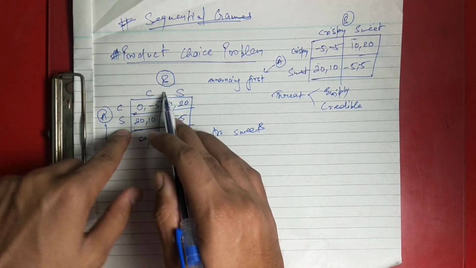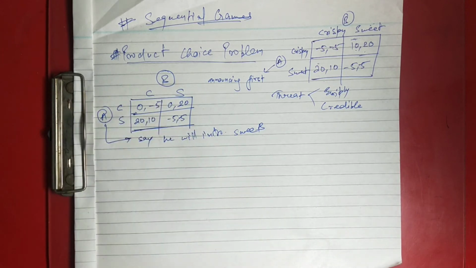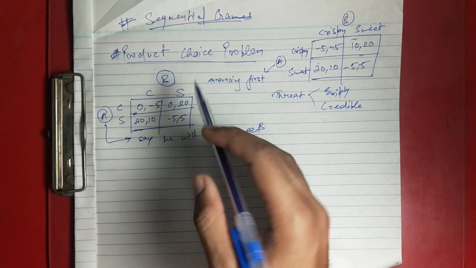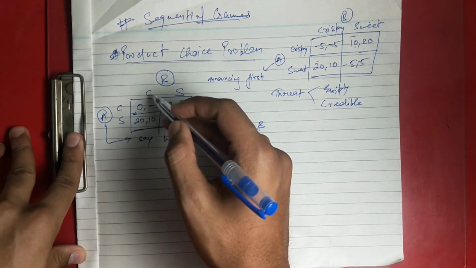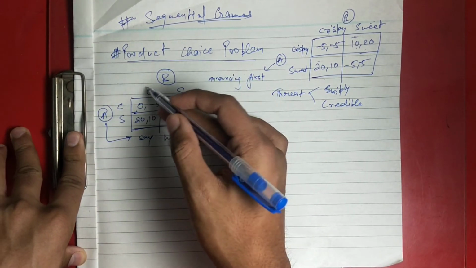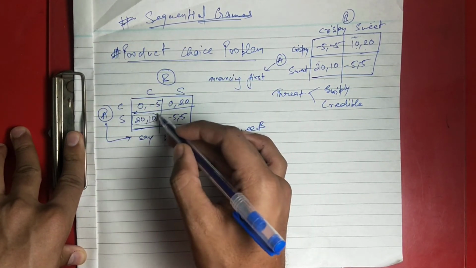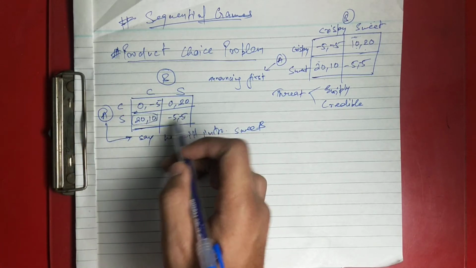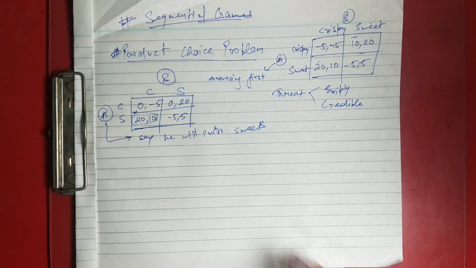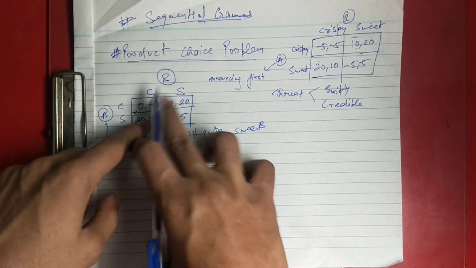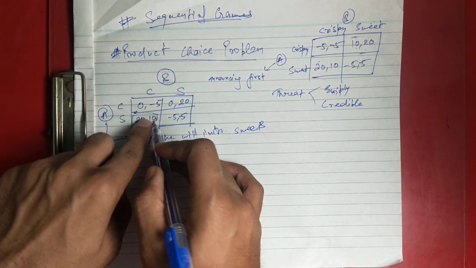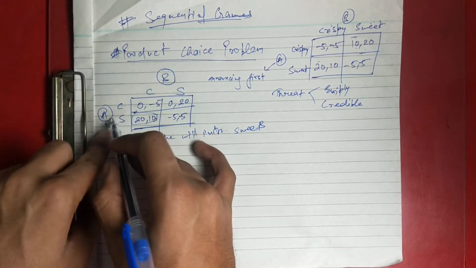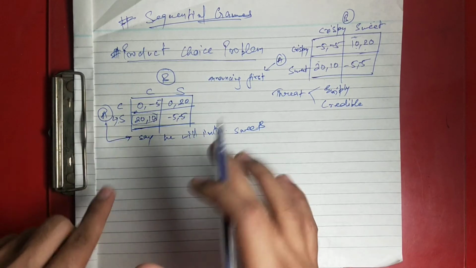Now B knows that A will introduce sweet, so B will choose accordingly, and being a rational producer, he will choose the crispy one only. As you can see in the matrix, minus 5 is greater than minus 10, because he is only left with two options, crispy and sweet. A will play sweet only because it is a credible threat.